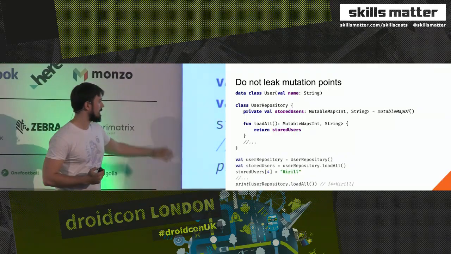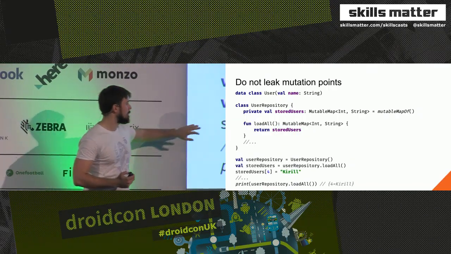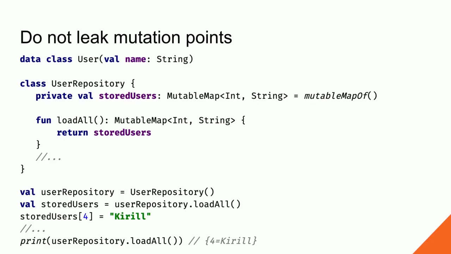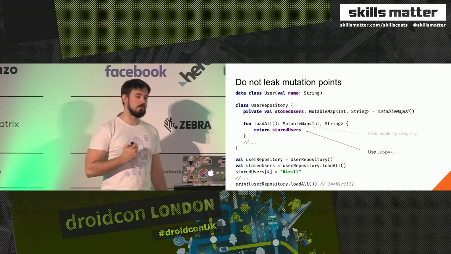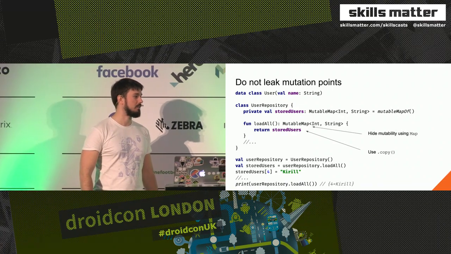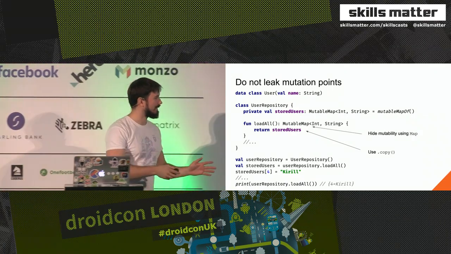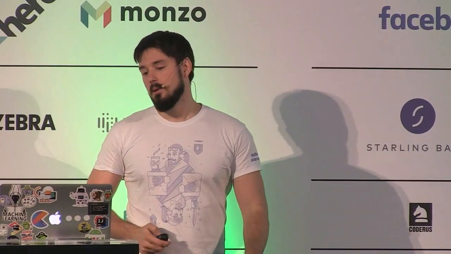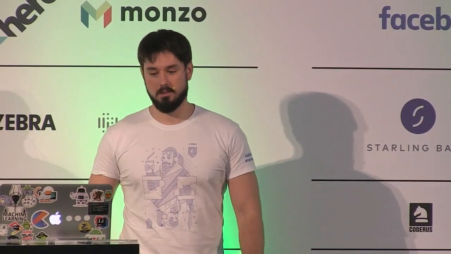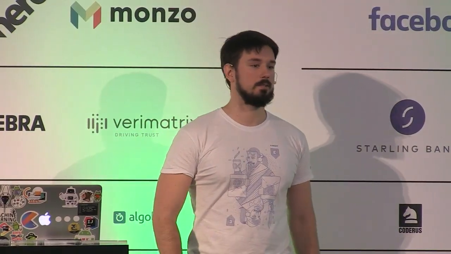So someone might accidentally modify it later, and then you might be surprised that the internal state of your object has changed. So the Java solution was defensive copying. A bit more Kotlinish solution is hiding something behind an interface. So all we need to do is just declare Map as the returned type. Or maybe you might consider using a read-only map in the first place, or a read-only list in the first place.